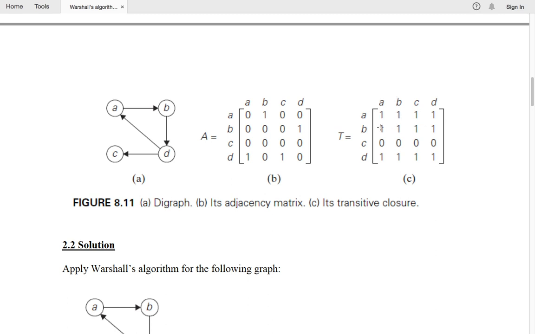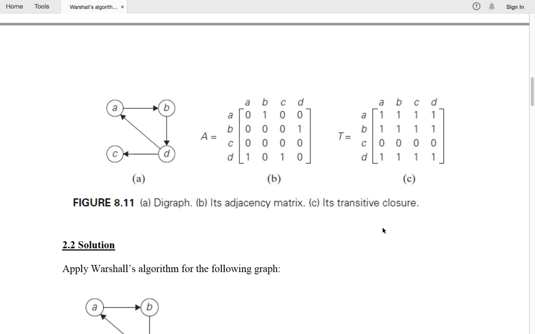Similarly, let's consider BA. BA can be reached from BD, DA. Let's take BC: BD and DC. From C, I cannot reach any other vertex, so that's why C's values will be 0. From D, again I can reach A, B, C. So this is what is called the transitive closure of a graph.